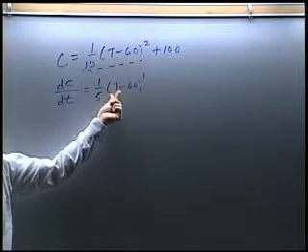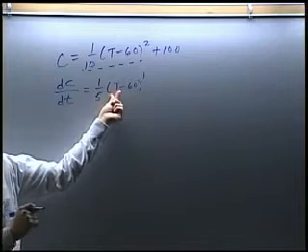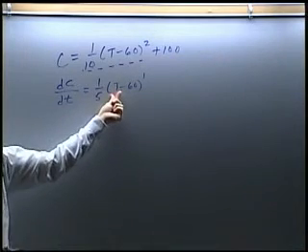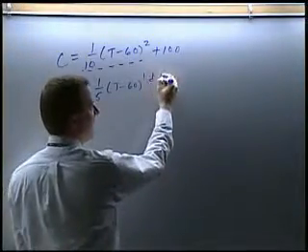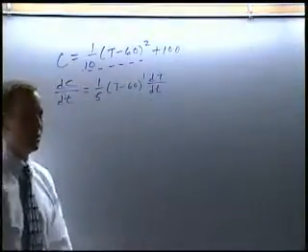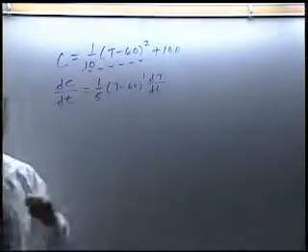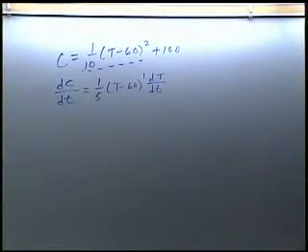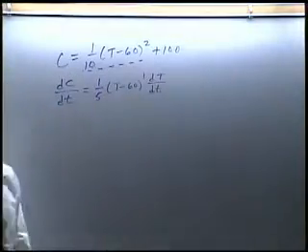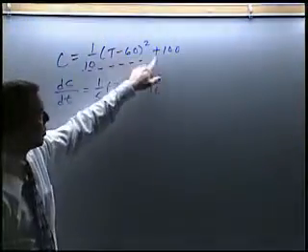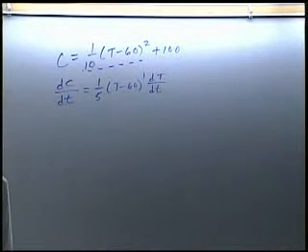The derivative of T is just 1. But now remember, we're doing implicit here, so what do I need to multiply by? dT, right. Okay, d capital T over d lowercase t. The change in temperature over change in time, right. Okay, so the derivative in here was just 1, but then I had to multiply by dT/dt. Okay, so that takes care of the first part. The derivative of 100 is just 0. Okay, so this is our derivative.